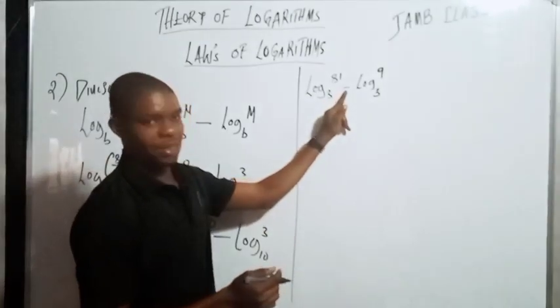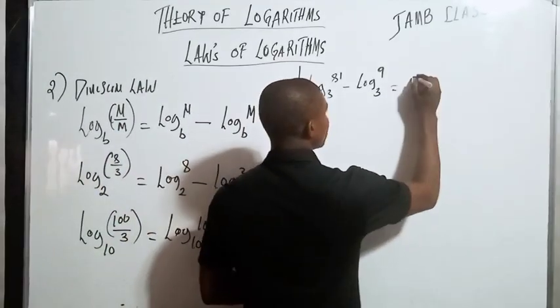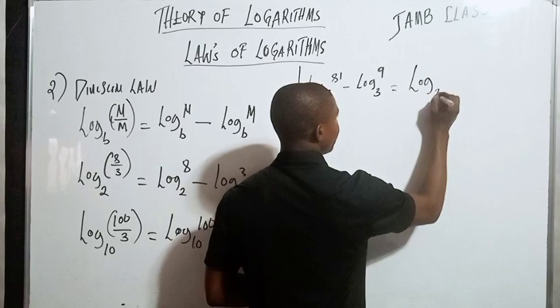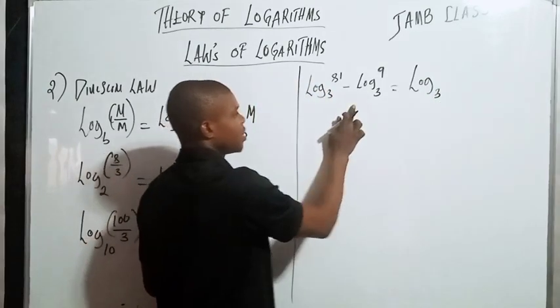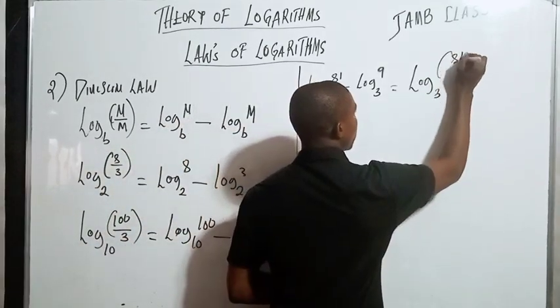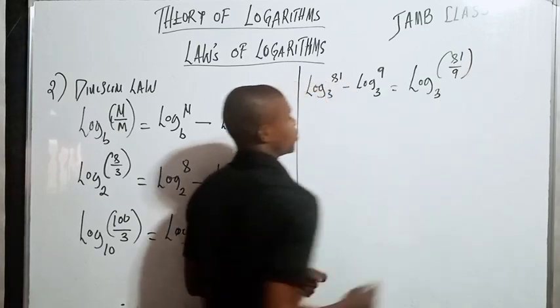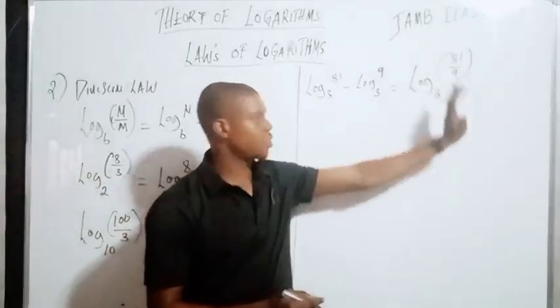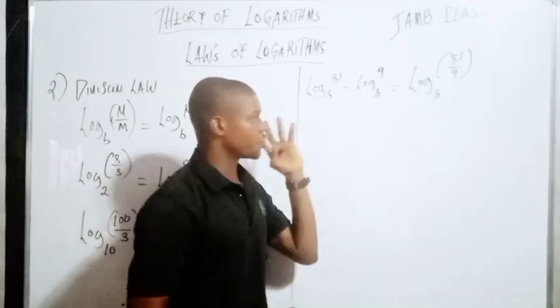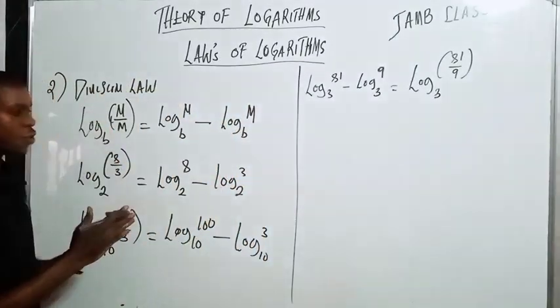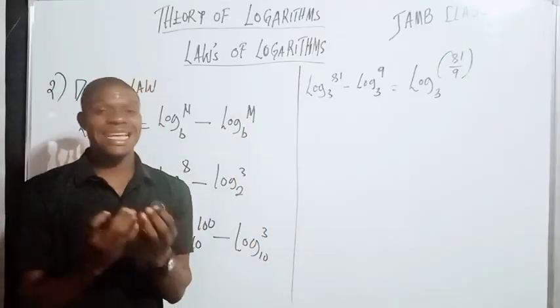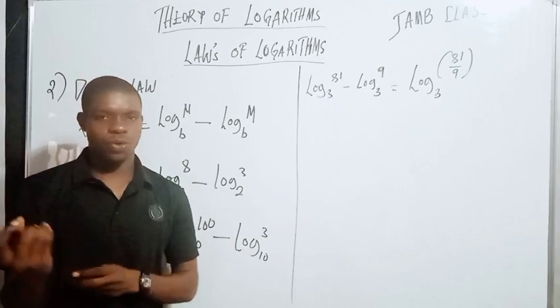Because there is a minus sign, when you combine, you take the common base and raise to 81 over 9. Although you can still evaluate further, let's leave it here. This is called the division law. Now let's move to the next law, which is called the index law.